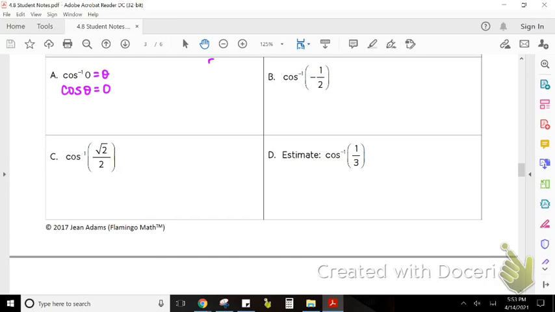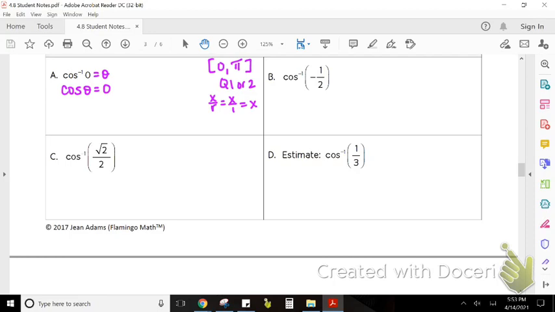Now, we did say that inverse cosine is from 0 to pi, so that means that we're in quadrants 1 or 2. Remember that cosine is also x over r on our unit circle, though r is 1, so therefore we're just looking at the x coordinate, okay?